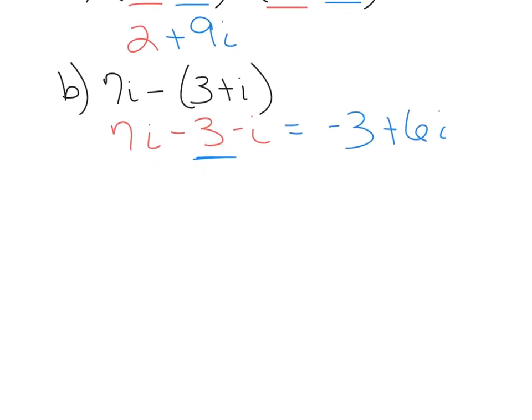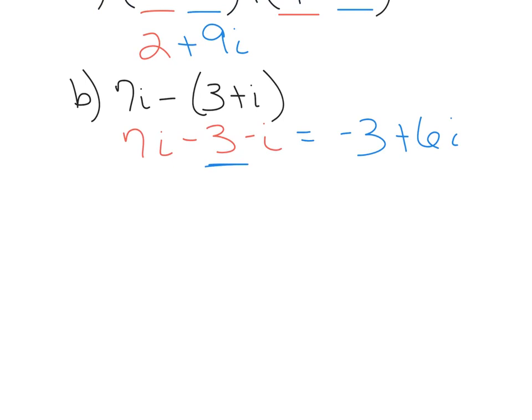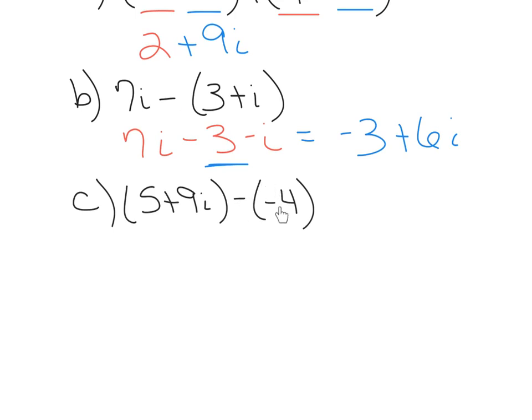Letter C is at the top of the next page. It says 5 plus 9i minus negative 4. So this is kind of similar to the one above where we have a subtraction sign outside of parentheses, and this has to get distributed to this negative 4.